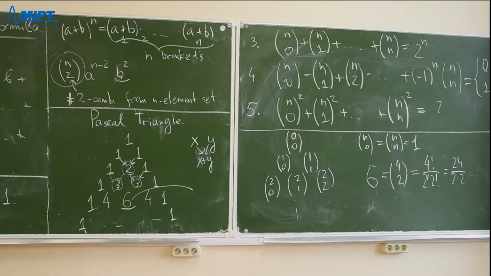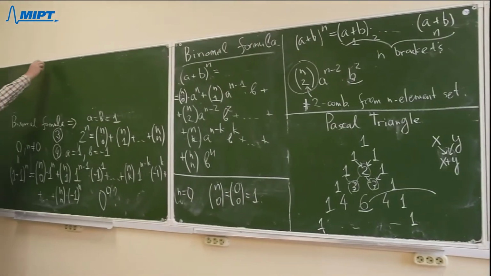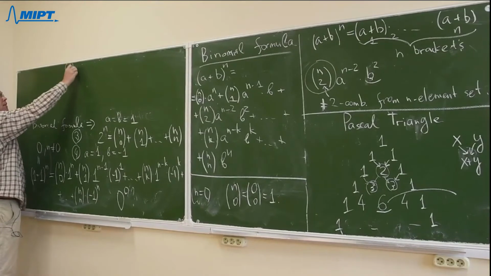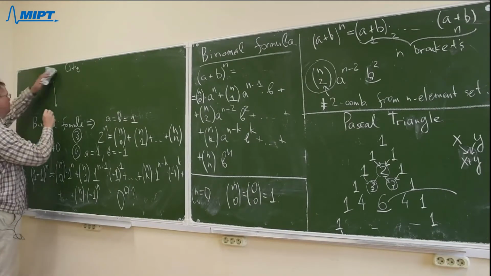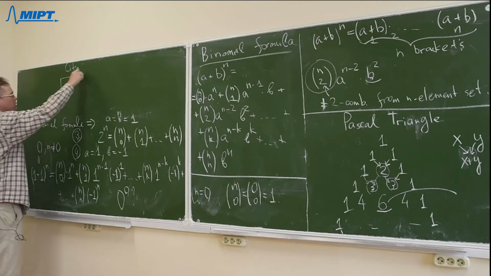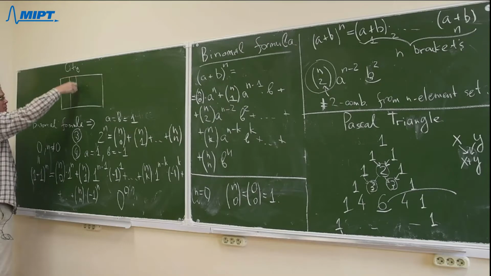Okay, maybe you're familiar with the following example. So imagine that we have a city with streets and avenues that go only from south to north and from east to west.